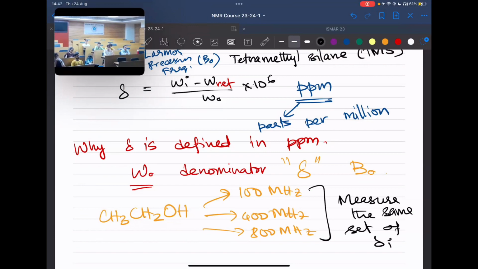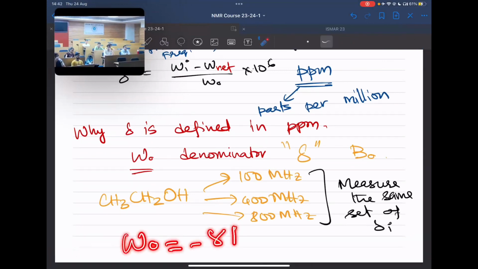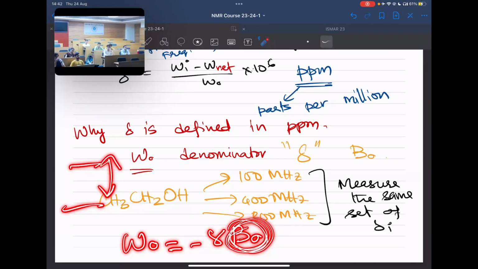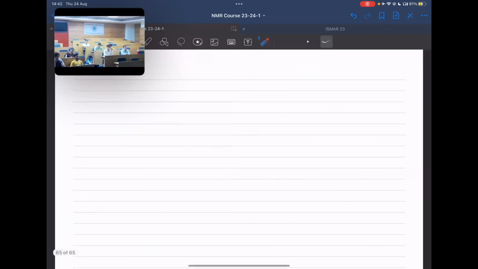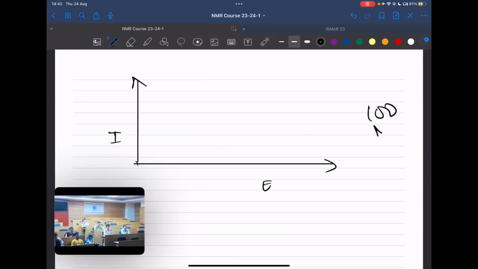Let me repeat again. Slowly, we will realize that since the Larmor precession frequency is dependent upon the B naught that is applied, the energy differences therefore depend on it, which is generally what spectroscopy is, right? What do we call a spectrum? We call a spectrum one where you plot intensity as a function of energy. Just as an example, let's say we take a spectrum at 100 megahertz.